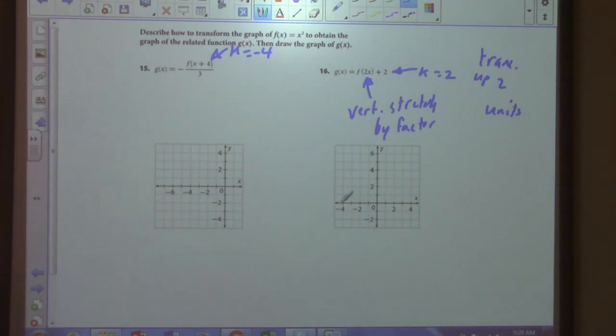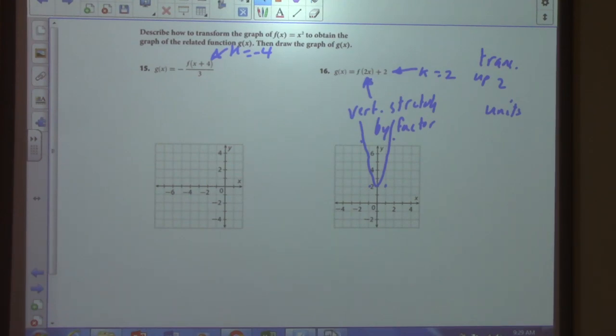We're gonna vertically stretch by a factor of 2, which is gonna be like this, 2, 8. So it looks like this, plus up 2 units like this, about like this, right? And if you graph this in the calculator, that's what you saw, right?